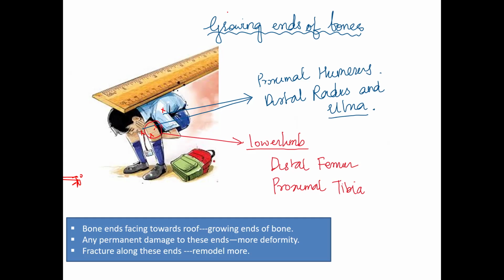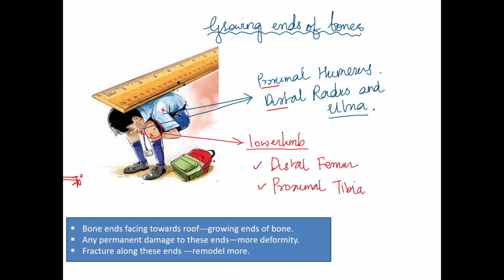Here we have proximal humerus, distal radius and ulna. Here we have distal femur and proximal tibia. So these are the actively growing ends of long bones.